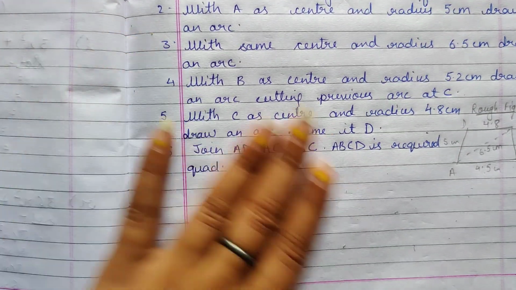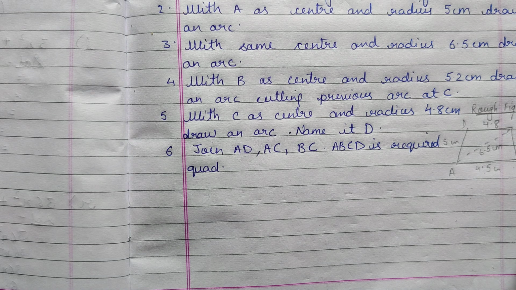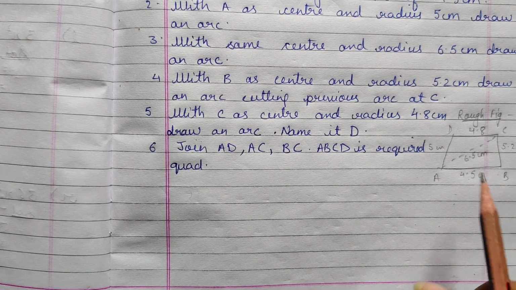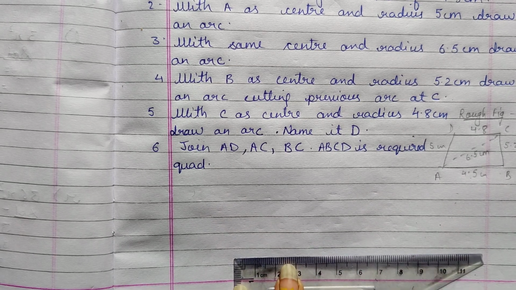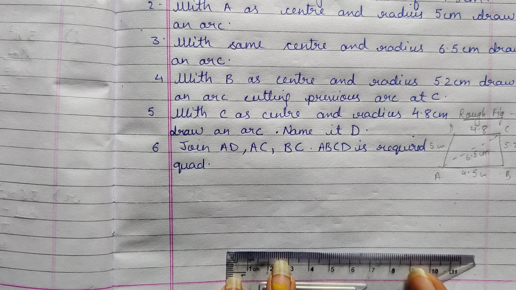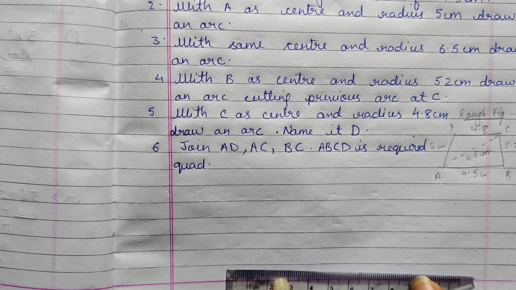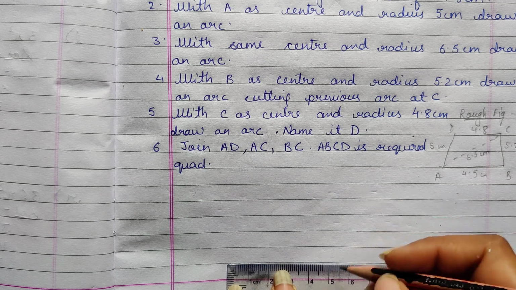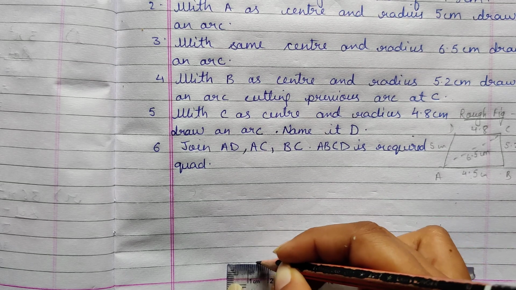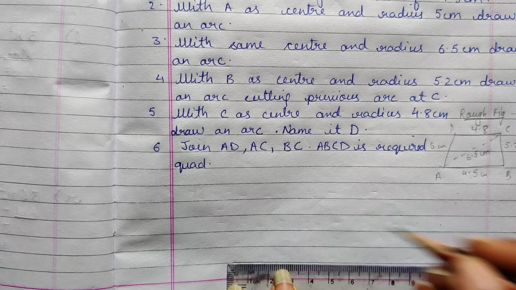So starting with the construction work, first of all we have to draw a line segment AB which has to be 4.5 centimeters. So take your scale and draw a line segment AB which is 4.5 centimeter. Use a sharp pencil.